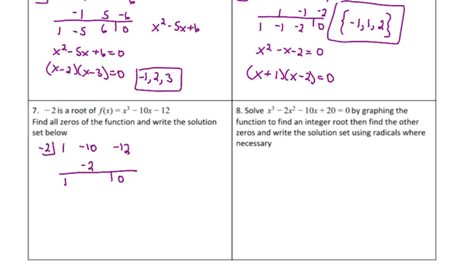Oh, that's right, I'm missing a term here. One, 0, negative 10, negative 12. Bring down the 1, and now that gives us negative 2. Negative 2 gives us 4. Negative 6, negative 2 times negative 6, plus 12. There's our 0.